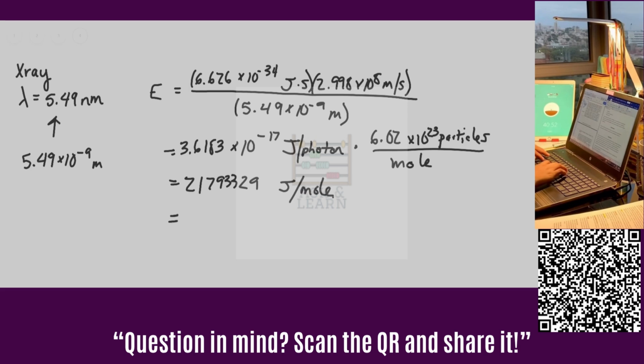Then once we add on sig figs and kilojoules, we get 21800 kilojoules per mole for X-ray energy.